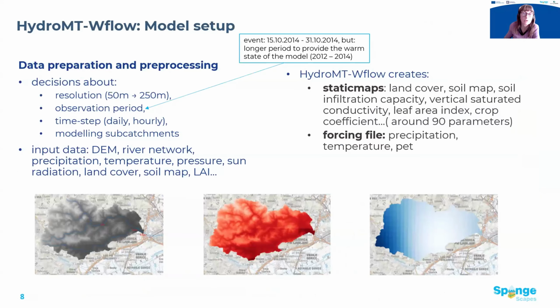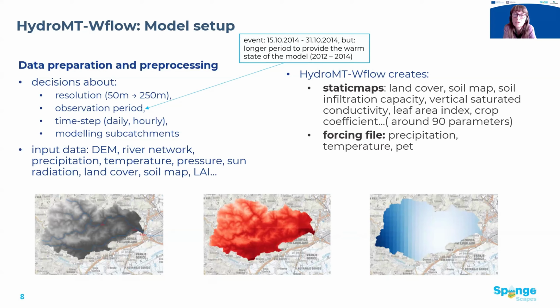So we continue with model setup. This is, by our experience, the most extensive phase. At first, we had to prepare and pre-process the data. We had to take several decisions. They were about the resolution, about observation period.